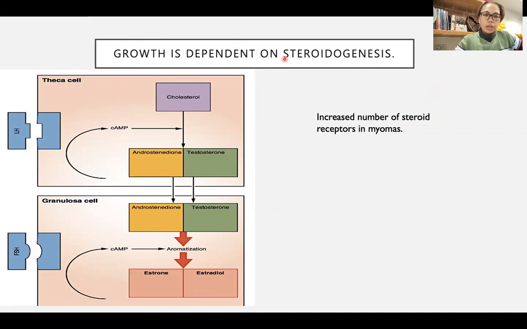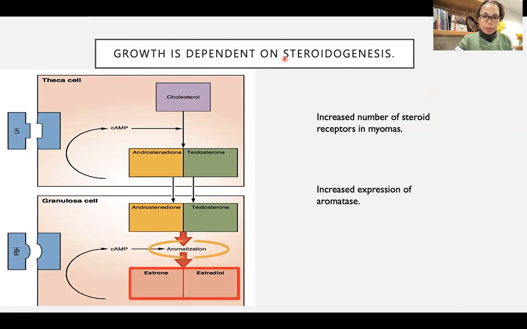So how do we generate steroid? Estrogen is formed from aromatization, and it was found that in the myoma, there is an increased expression of the enzyme aromatase.